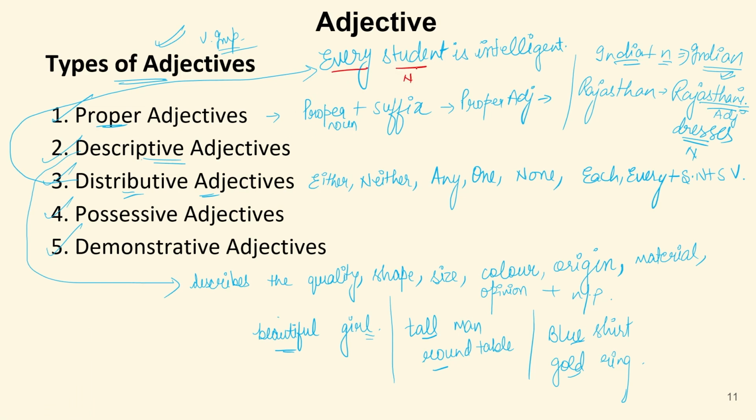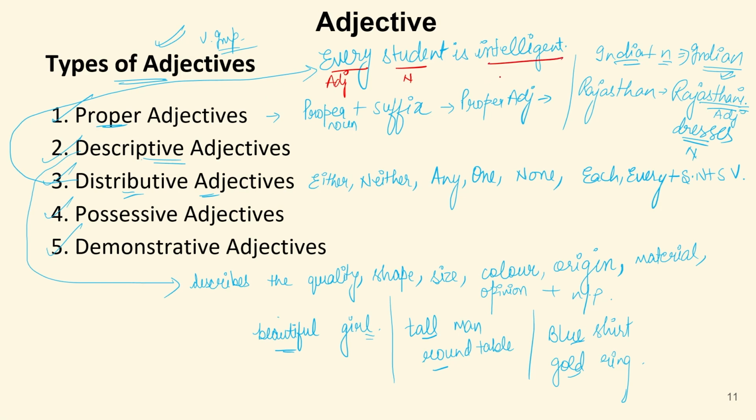Every is qualifying this noun. So this word every is an adjective. And this is a distributive adjective because we are talking about every student. It means each student individually, every student as a group or individually. So this word every is a distributive adjective.